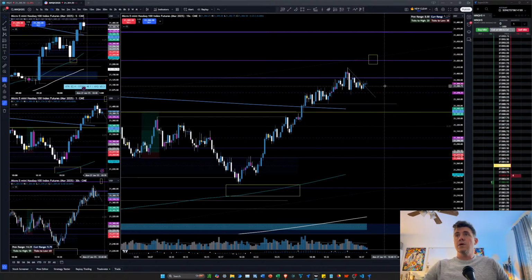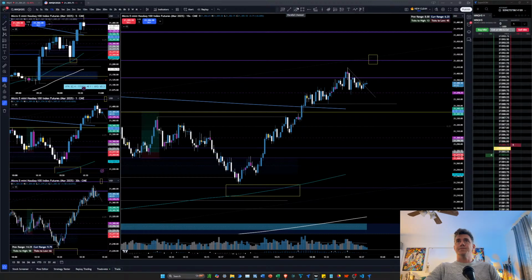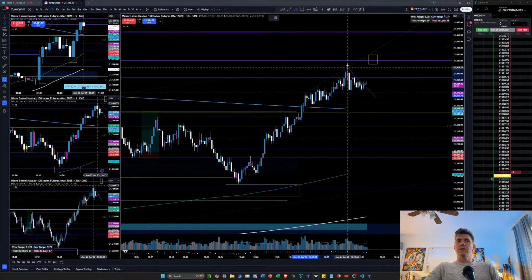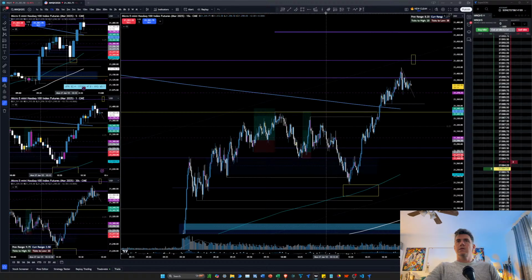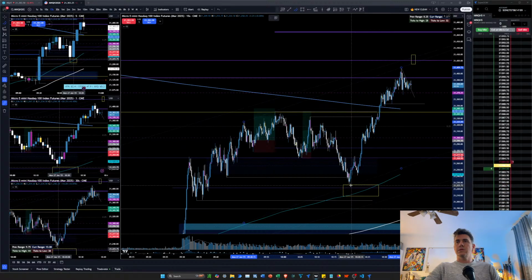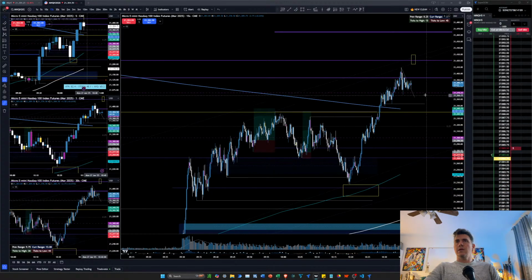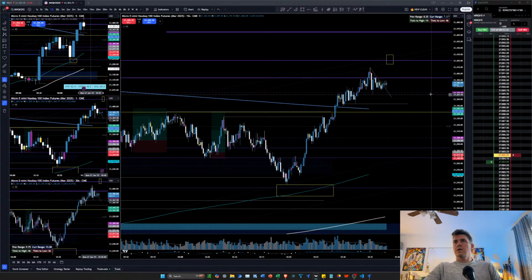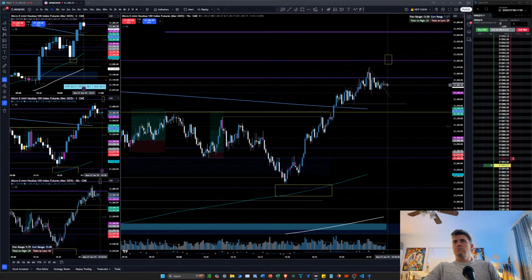Let's see. Here we go. Let's get this on there. Actually, this is what I think we want. Right there. Nice. No displacement lower here yet.